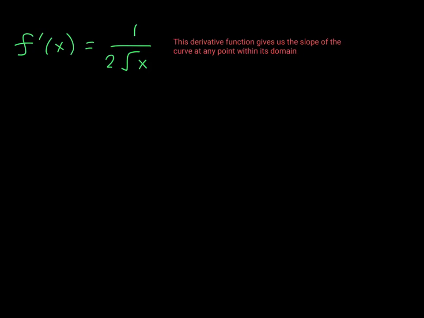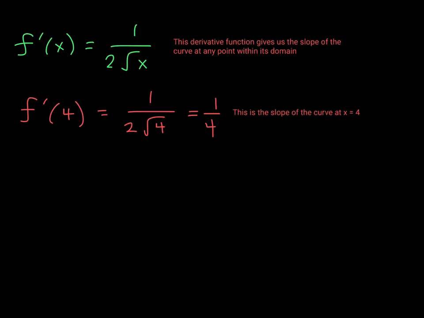So what I'm going to do is I'm going to use this derivative function to find the slope of that tangent line at x equal to 4. Now remember, they gave you x equal to 4, so f prime at 4 is 1 over 2 root 4, so then this is 1/4. What is this? This is the slope of the curve at x equal to 4.